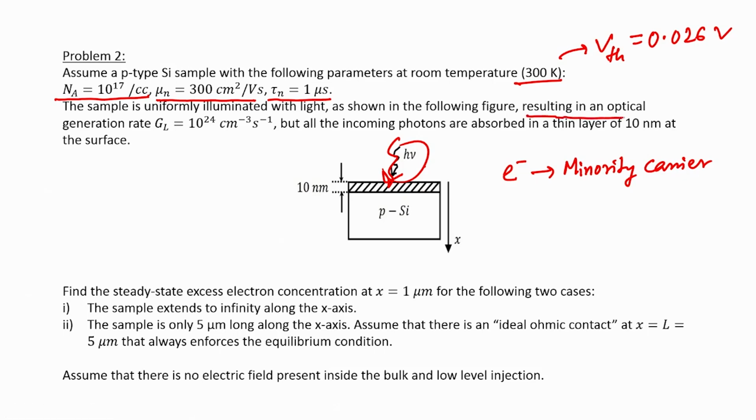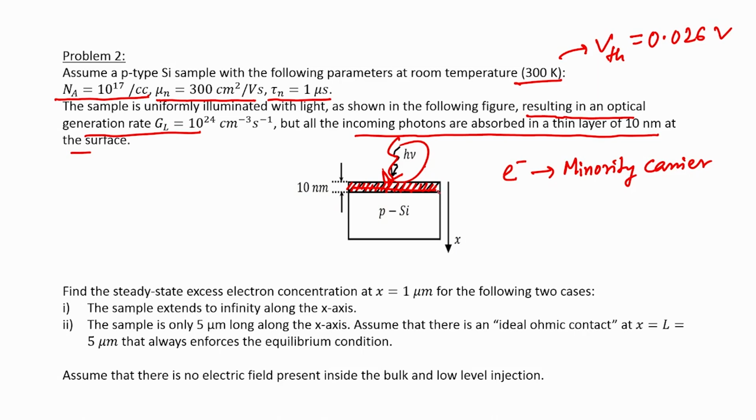This generation rate is also given, optical generation rate G_L is 10 to the power 24 per centimeter cube per second. One constraint here is that the incoming photons are absorbed in a thin layer of 10 nanometer at the surface. So if we assume a 10 nanometer thickness on the surface, all the photons are absorbed over this layer. What does it mean? The electron hole pairs are generated over this thin layer only, there is no generation inside the bulk.